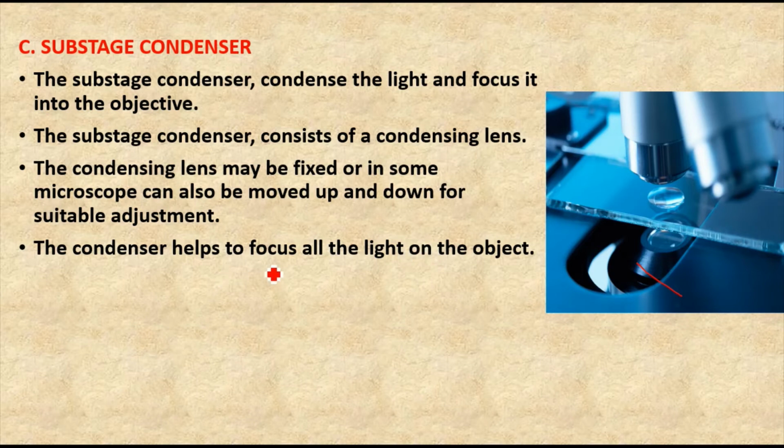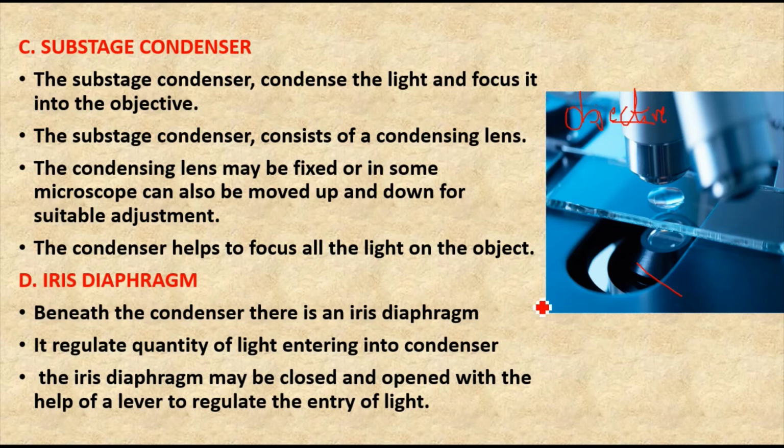The condenser helps to focus all the light on the object or specimen. The lenses nearer to the object we call objectives, and the lenses near to the eye we call ocular lenses or eyepiece. That's how you can remember it very well.